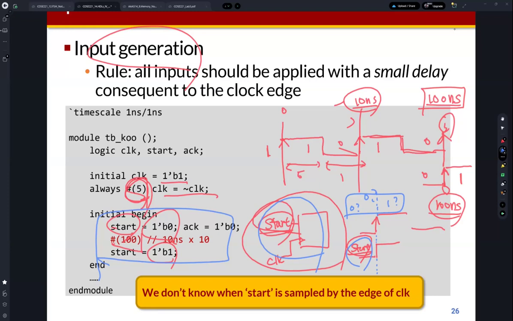If we cannot estimate the exact value of the input or some signals, then we cannot use this test bench. The test bench needs to generate deterministic states or deterministic signals. That's why we need to avoid this case. So this is the rule.